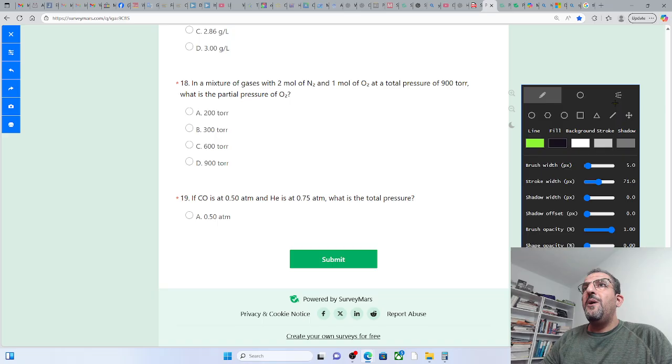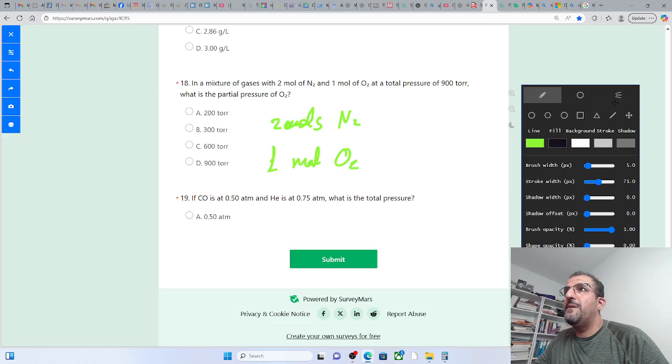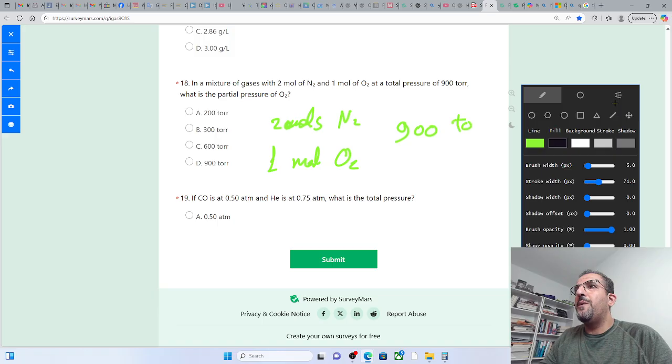So we have two moles of nitrogen, and I have 1 mole of oxygen. That means the partial pressure for oxygen is equal to 900 torr, and the torr here is a unit to measure pressure, divided by 3.